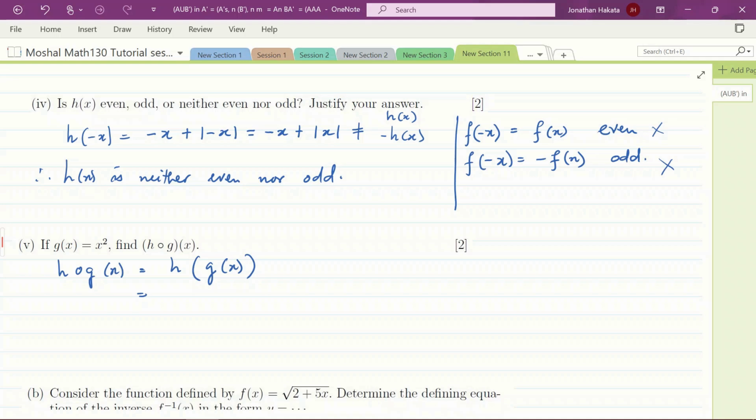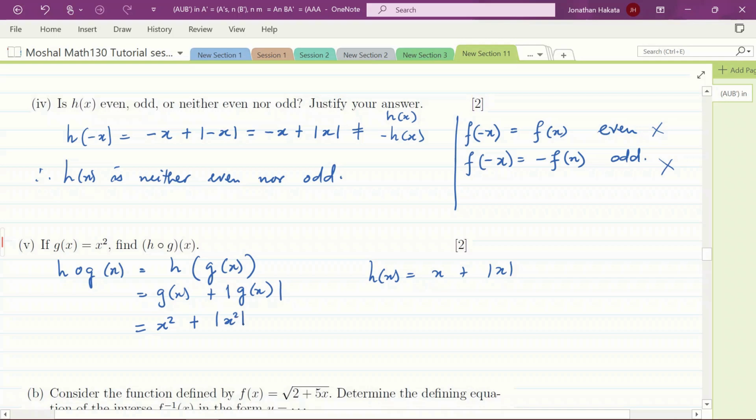So if I replace x with g of x, I'll have g of x plus modulus of g of x. g of x is none other than x squared, so x squared plus modulus of x squared.